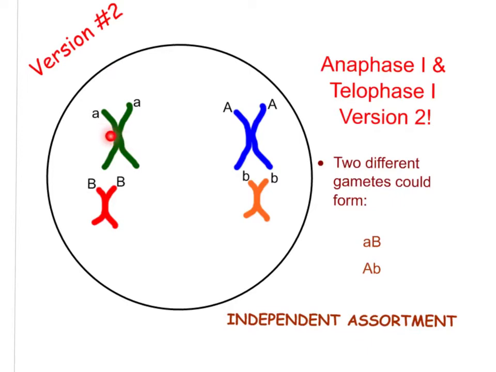We would get these other 2 different gametes: the little a big B and the big A little b, just depending on the direction and the way that each of these individual tetrads form together, and the chance of which direction the spindle fibers were shortening for which one, which way they were getting pulled. That would just be a 50-50 chance that they could go either way.